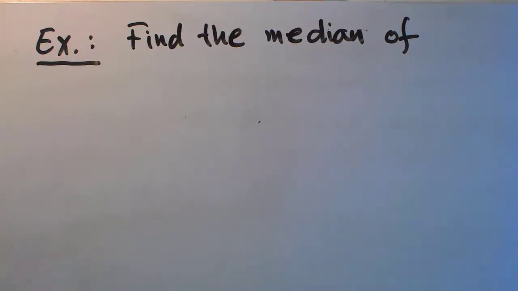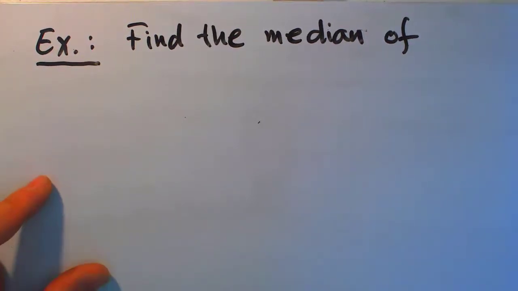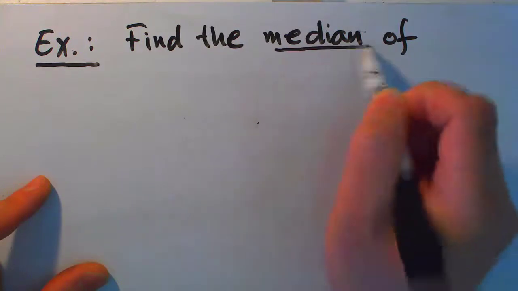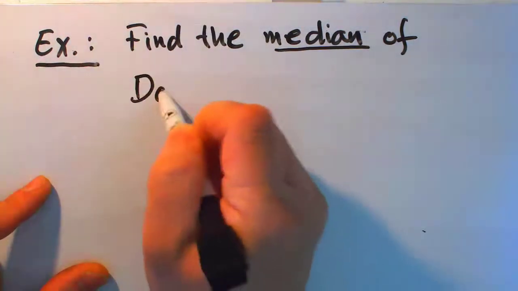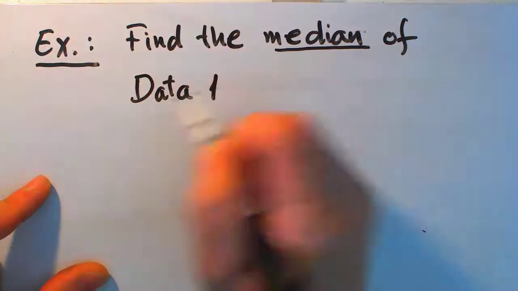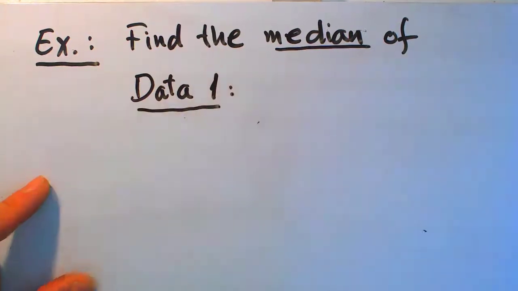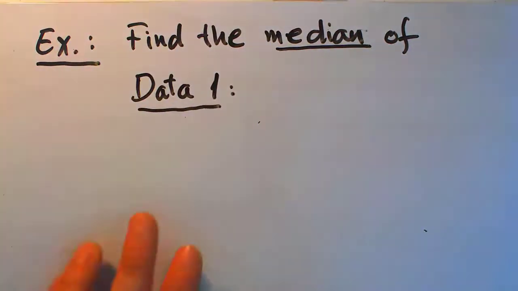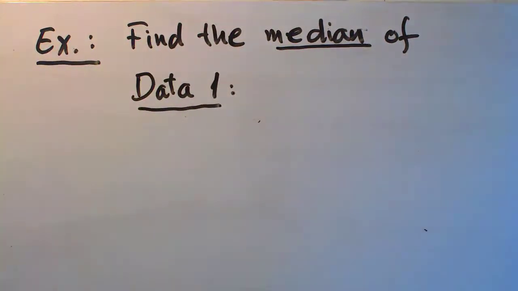So now let's have a look at one example. In this example, we are going to find the median of data 1. And at this point, you know where to find data 1. It's that first data set I gave in your data sheet.